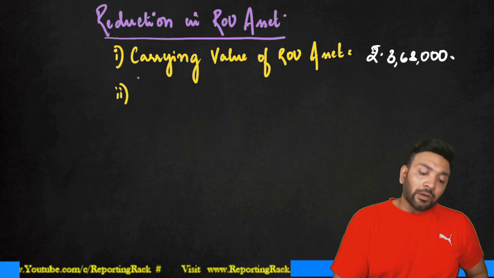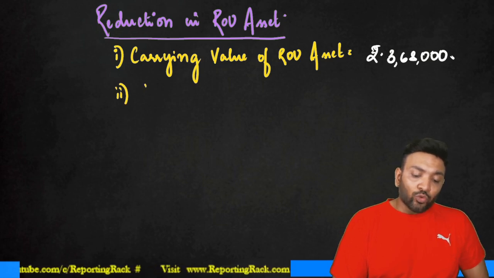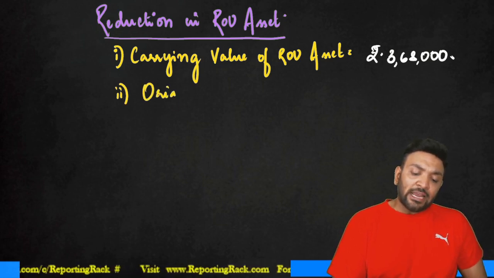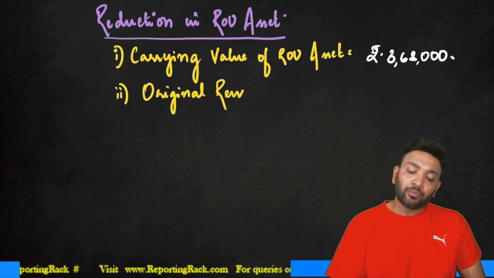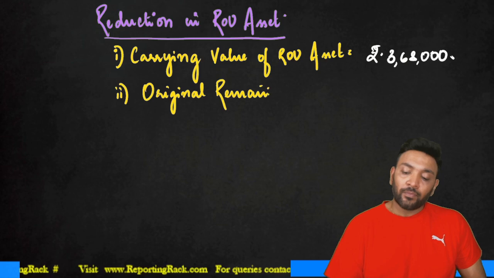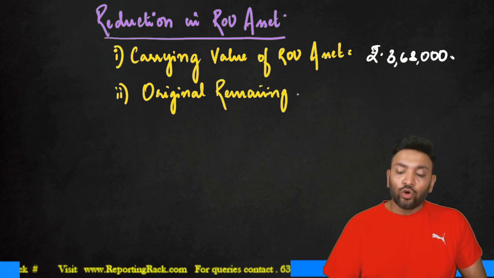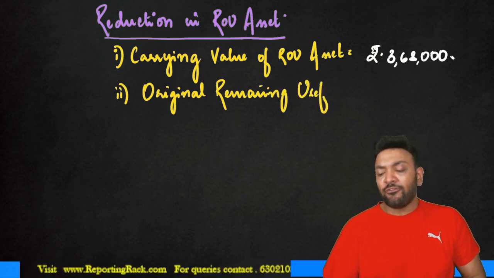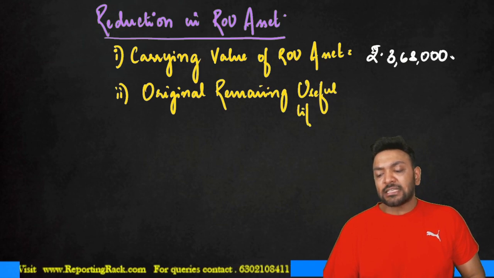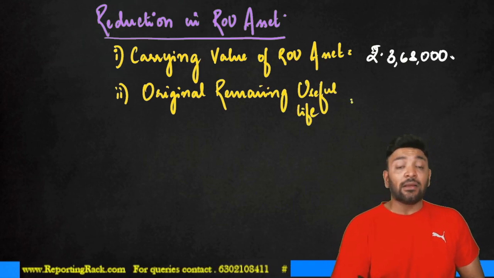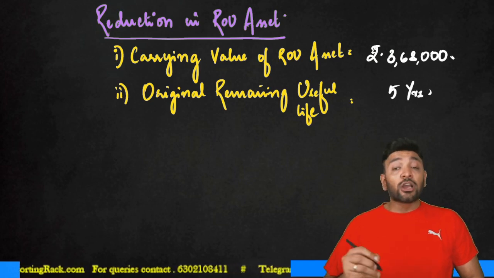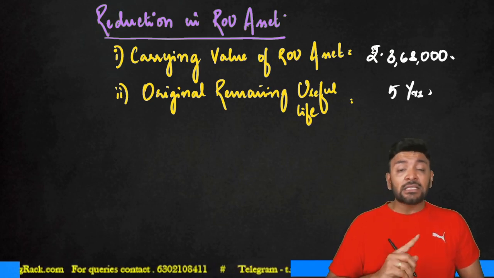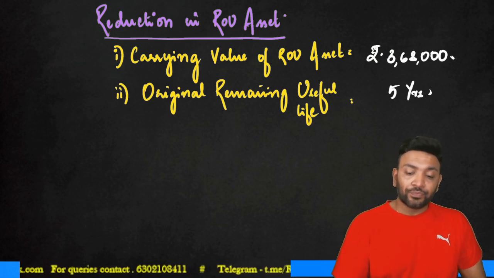Now, original remaining useful life: I had assessed the remaining useful life of this asset as 5 more years to run, because the total lease term was 10 years and 5 years are completed.